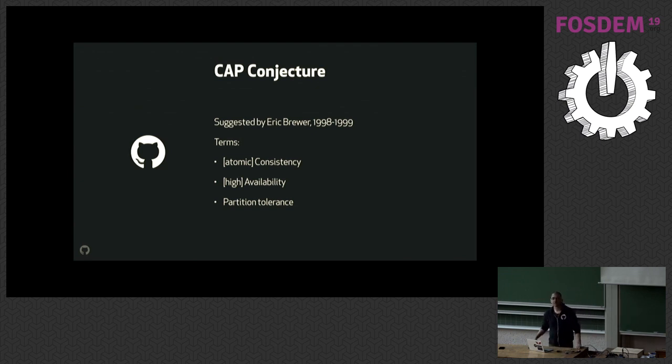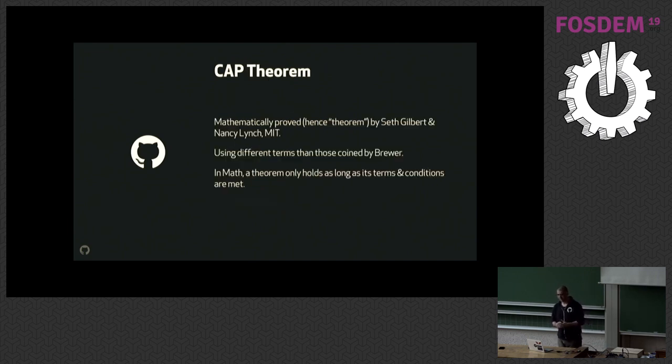So 20 years ago, Eric Brewer conjectured an idea. That's the CAP conjecture. And he said a system can be available, can be consistent, can be partition tolerant. It can't be all three. You have to pick two out of the three. That was the conjecture. A few years later, Lynch and Gilbert proved what we call the CAP theorem.